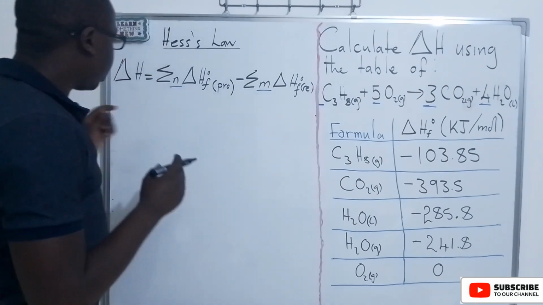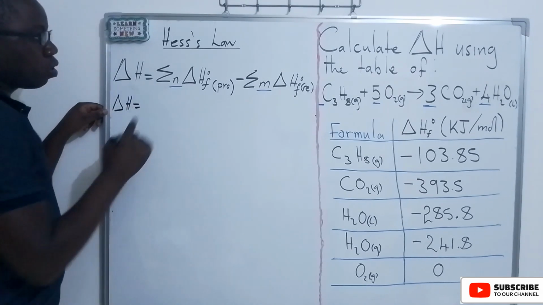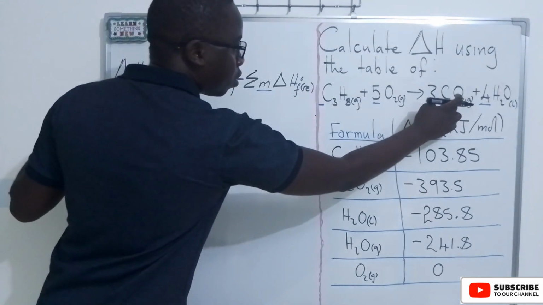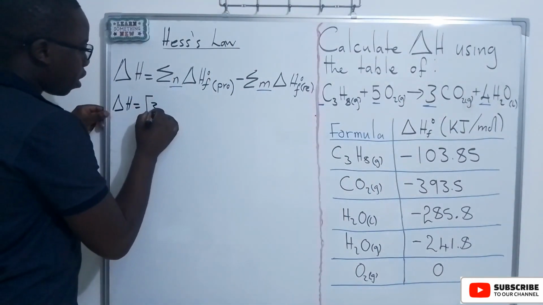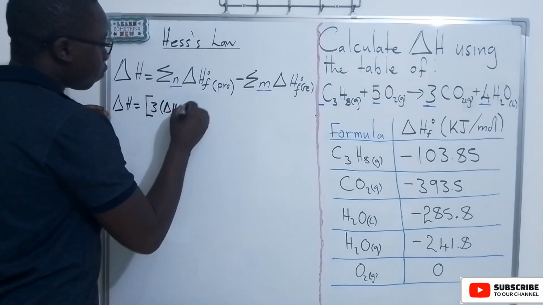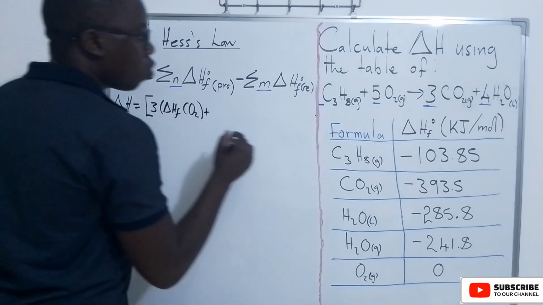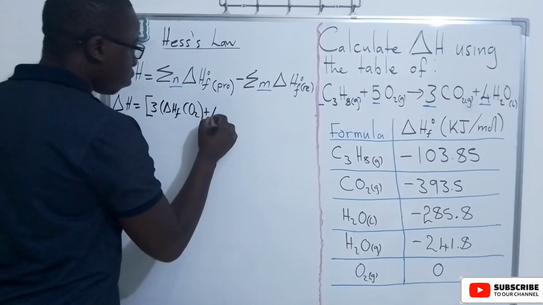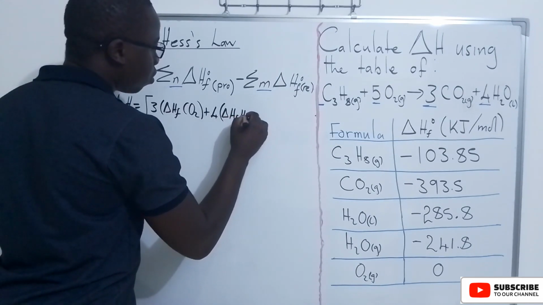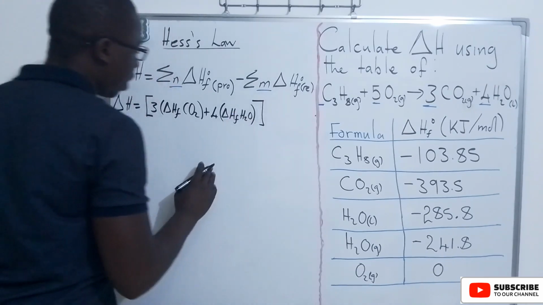Using this equation, we'll say change in enthalpy is equal to, we'll start with the products. The first product is carbon dioxide, which has 3 there, open bracket, the change in enthalpy of formation of carbon dioxide, close bracket, plus we have water which has 4, then open bracket, the change in enthalpy of formation of water, then we close the bracket there.